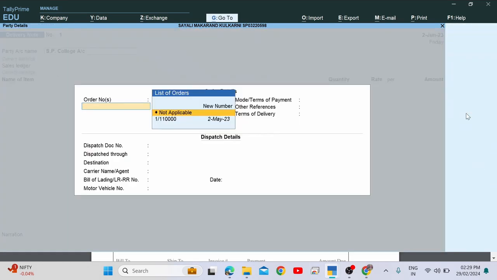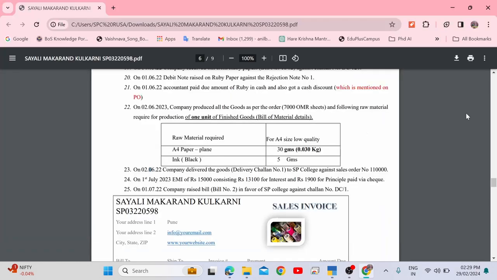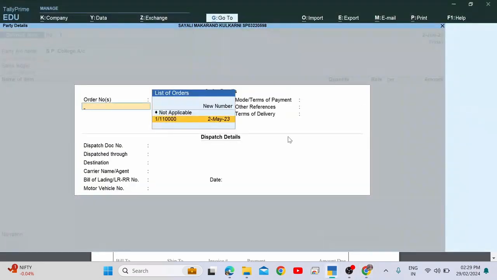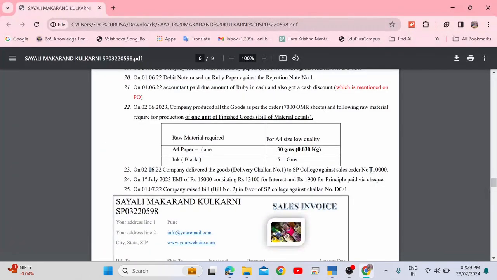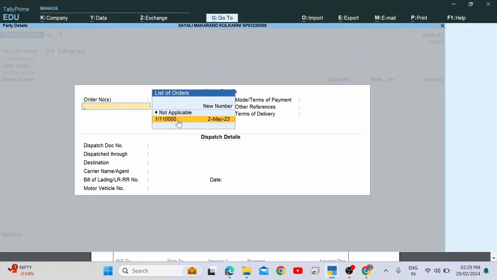Your target is to deliver to SP college against this order number. Now important, don't create a new number, just select that old number. Correct. Therefore I told you to write one oblique here, what they have told us, against this order number. If you would not have written this number there, then there is a chance of confusion.